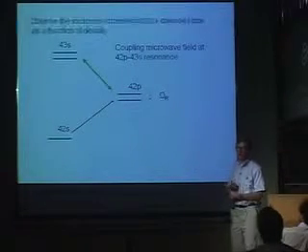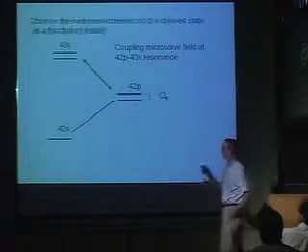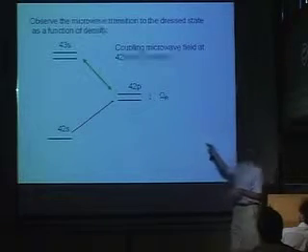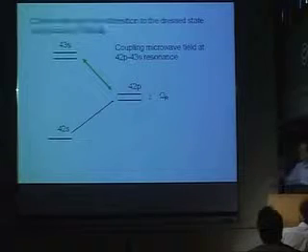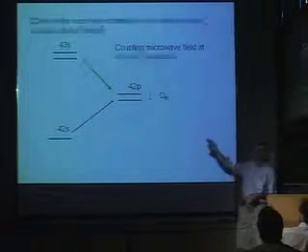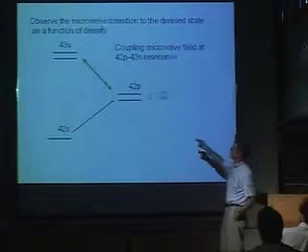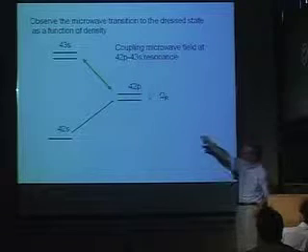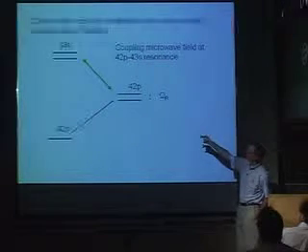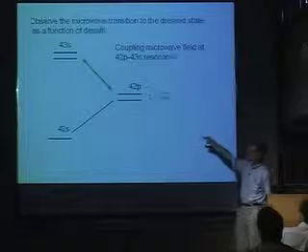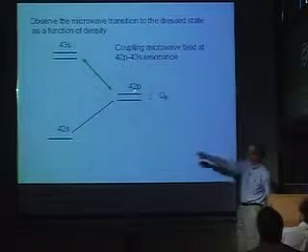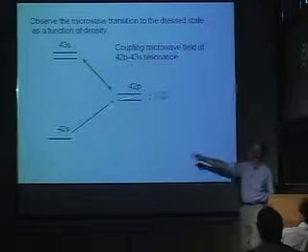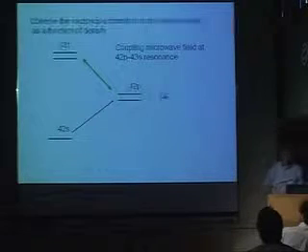Our friendly competitors in Wisconsin have also been working on this, and I think have seen somewhat similar results, or at least in May they had. So I'm going to couple these two levels together with the microwave field. It will produce a splitting of this state, which we will probe by driving the transition from this 42S state.